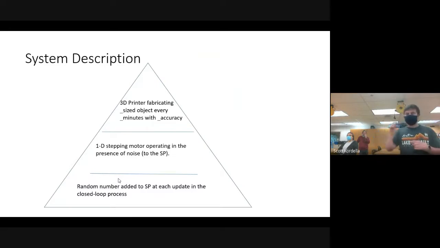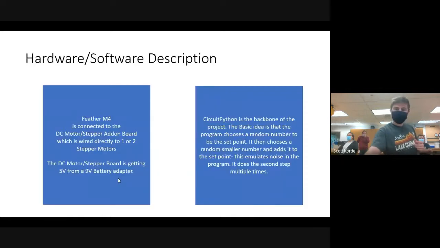But what I ended up doing was actually adding noise to that process, which I will talk about in a minute. The hardware that I used was the Feather board, connected to a DC/stepper add-on board so that it could be wired together, because the Feather board is too simple to do it directly. And then CircuitPython was the backbone.